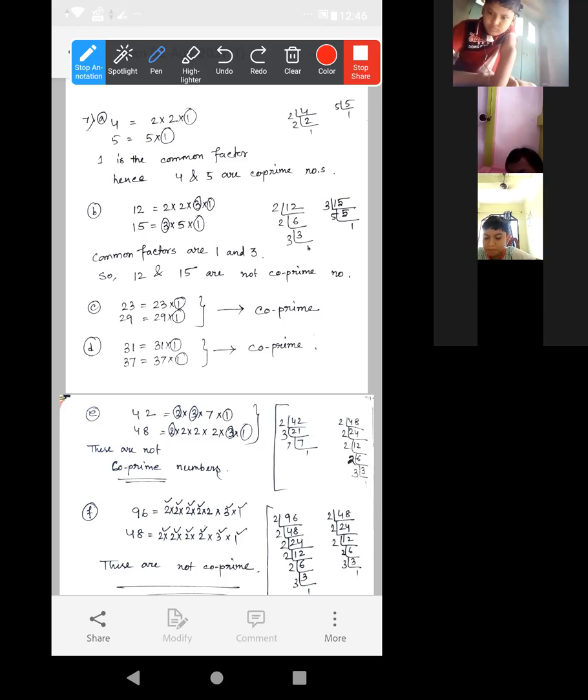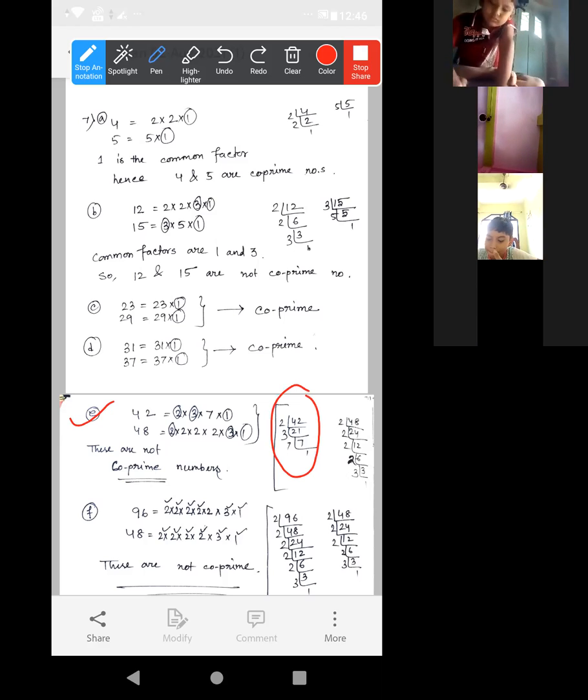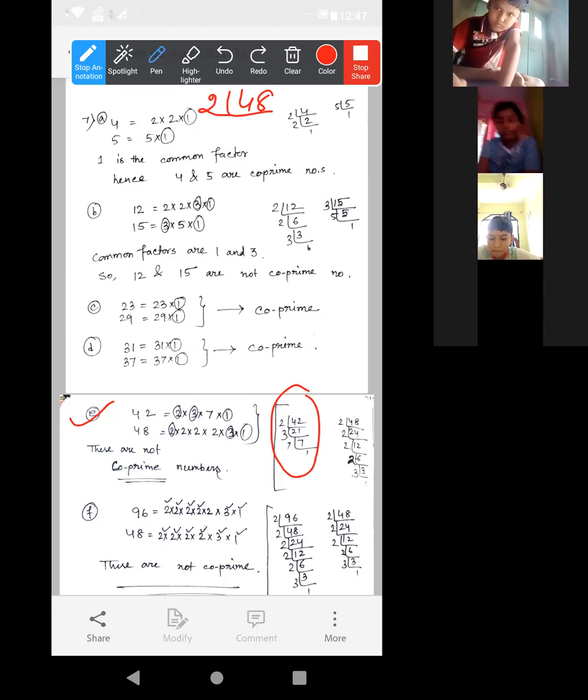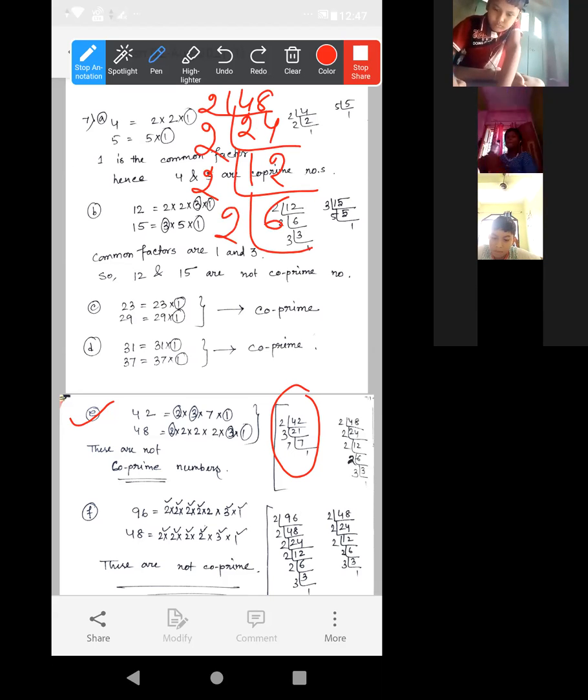Now for number E I am explaining. 42 and 48. Just break it into prime factorization. 42: 2 twenty-ones are 42, then 3 sevens are 21. And for 48, 2 twenty-fours are 48, then 2 twelves are 24, 2 sixes, 2 threes, and 3 ones.